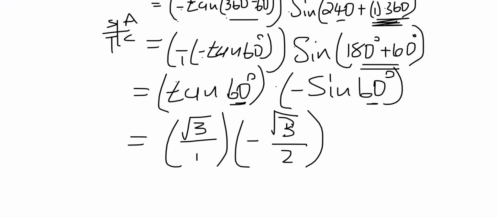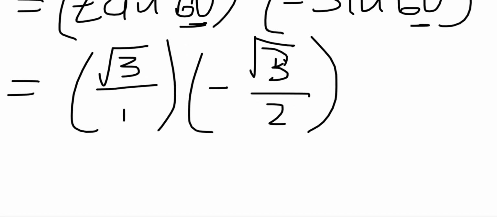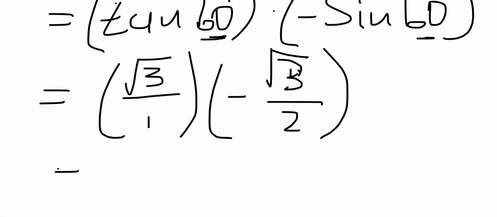And it looks like I'm running out of space there. Let me see if I can zoom in and squeeze that in. It looks like we still have square root of 3 multiplying square root of 3, where 3 times 3 is 9, then square root of 9 is 3.